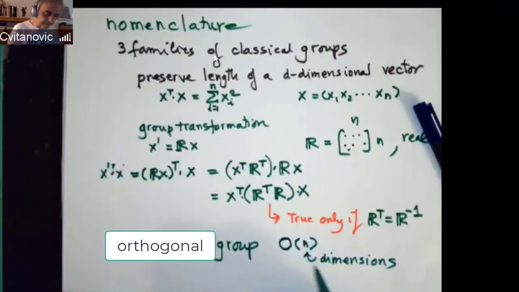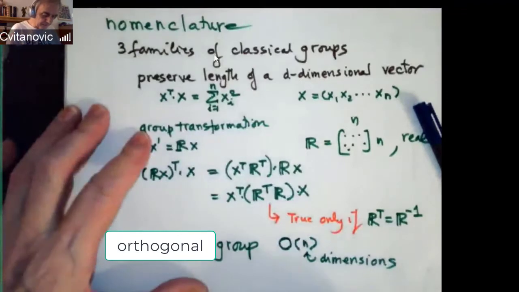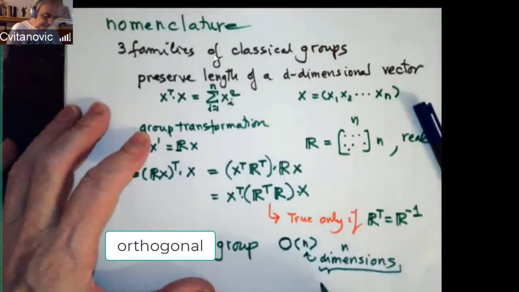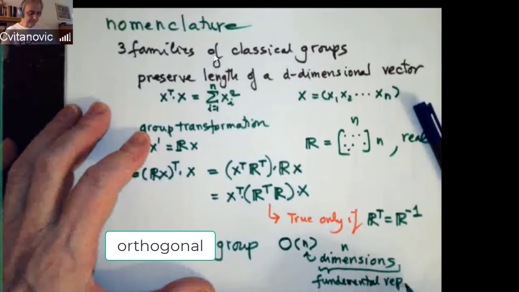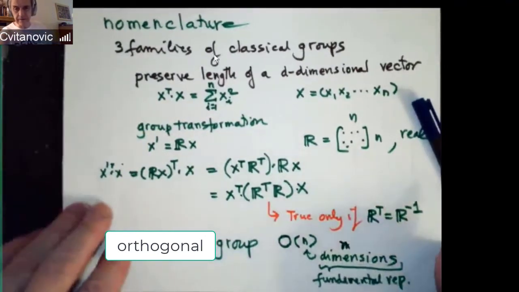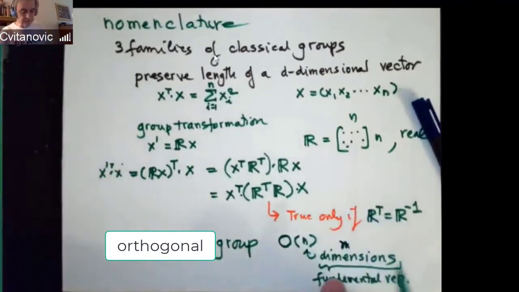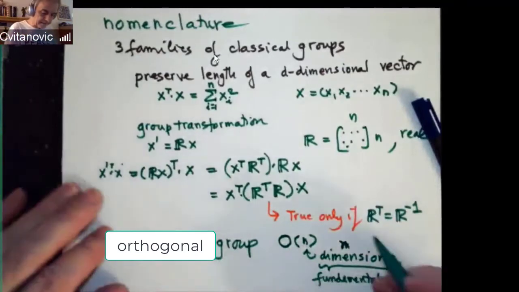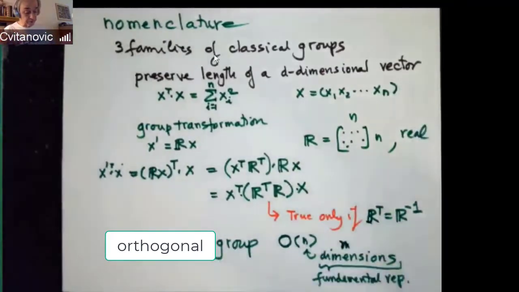This representation has various names, but the fundamental representation. Because it's not really true, but classically one thought that it was the smallest matrix that would represent orthogonal rotations that preserve lengths.